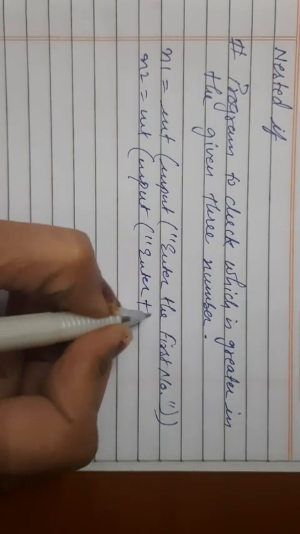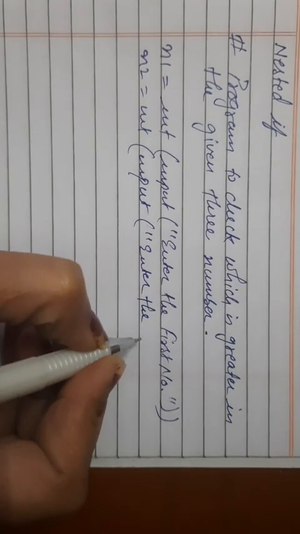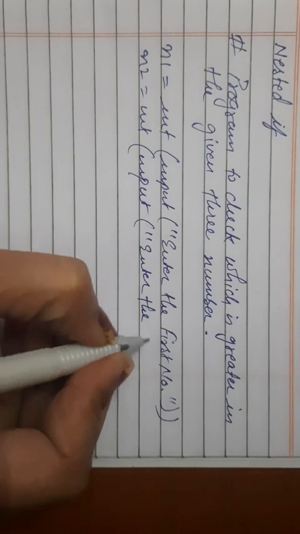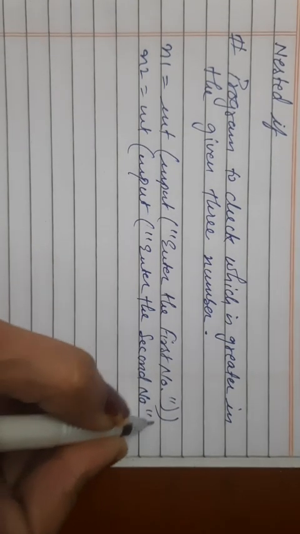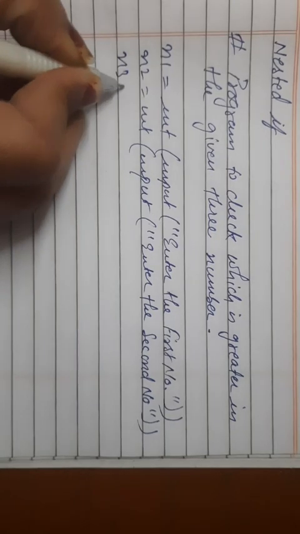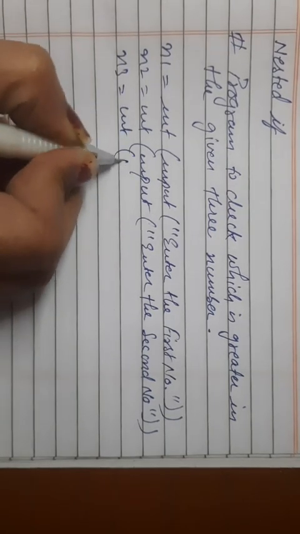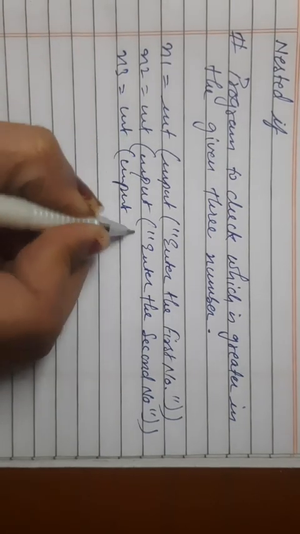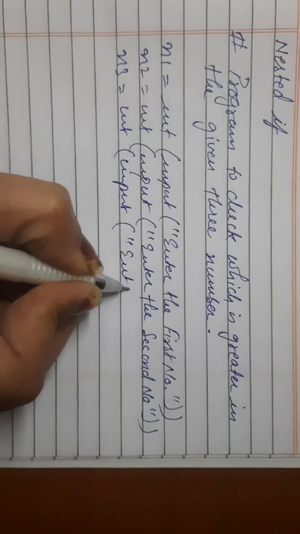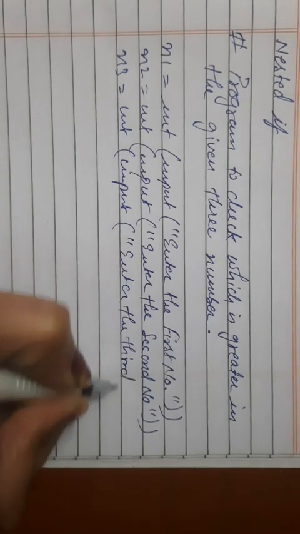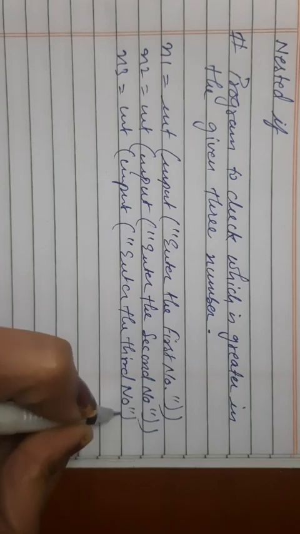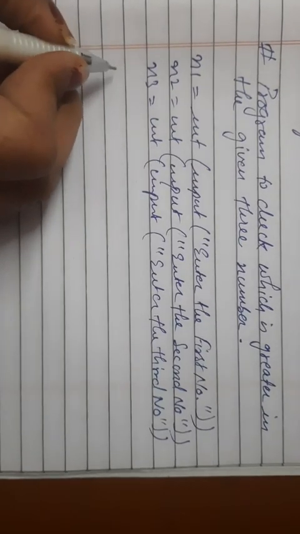See, our prompt is going to change according to our requirement. Enter the second number, right? Now third, int input, enter the third number, right? So in this way we got three numbers from the user.